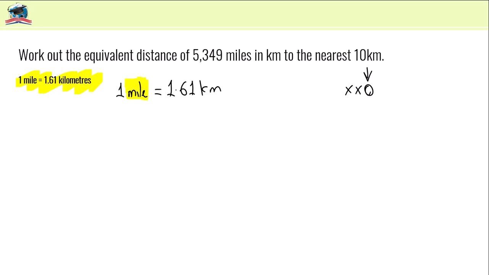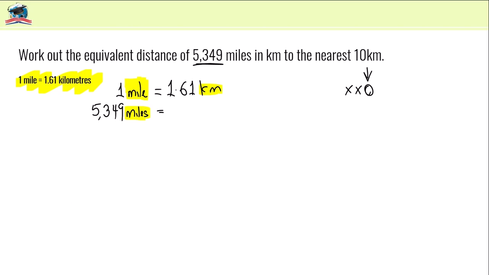Miles. Good. And then we've got 5,349. So we can see that miles is also on this side. Now, what is that going to be in kilometers? You can see that kilometers is also on this side. We don't know what it's going to be, so we're told to find it.